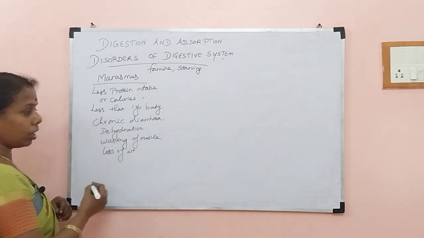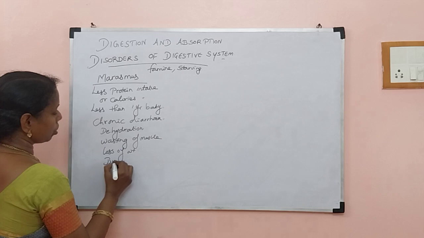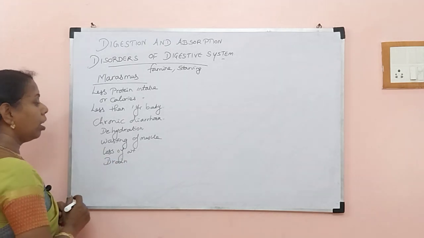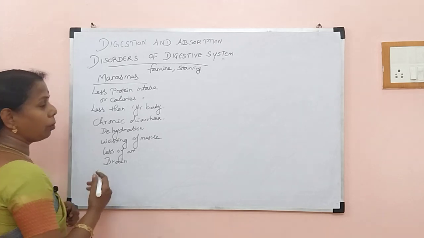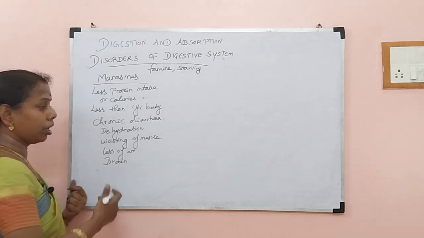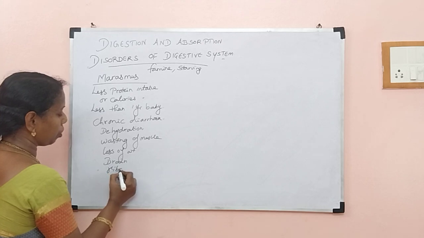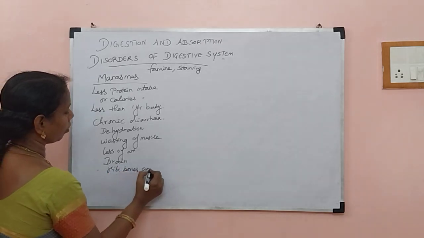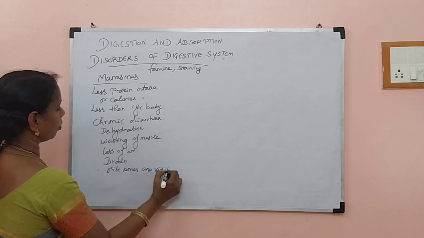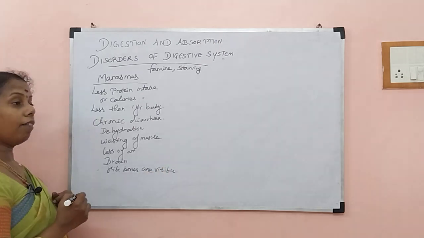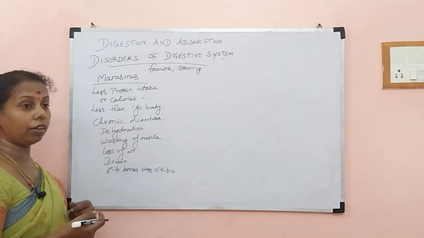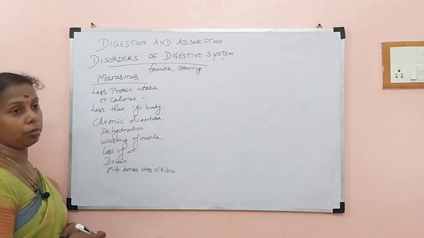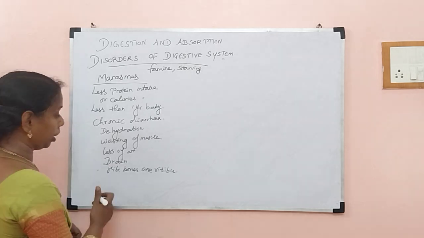When protein is not there, there is brain malfunctioning, so the brain is not working in a proper manner like other children. These children look like skeletal babies. We can even find the ribs; the rib bones are visible. They have a good appetite, they are voracious eaters, but even then they get this problem because of low calories in their food.